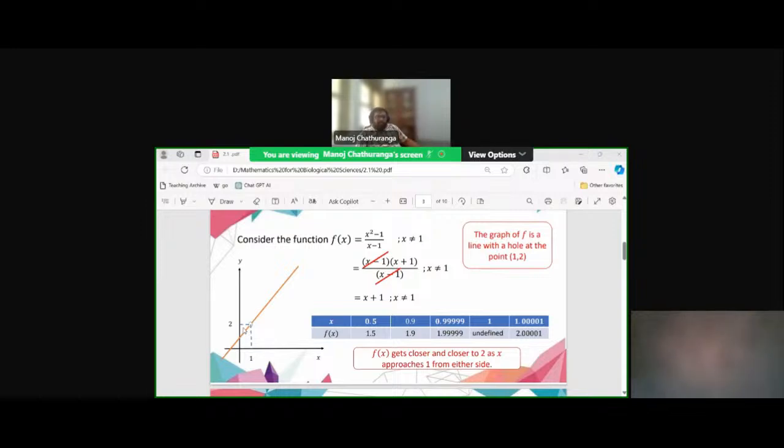So the graph of this function f is a line with a hole at x equals 1. If you forget that restriction, when x equals 1, y should have been 2. So if this was not a bad point, the y value is 2. But now it is not the case.